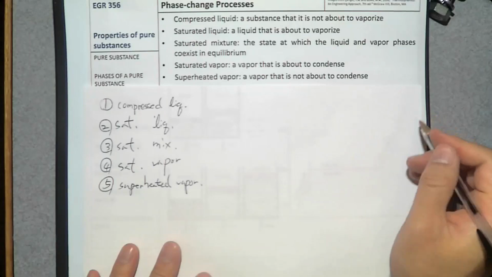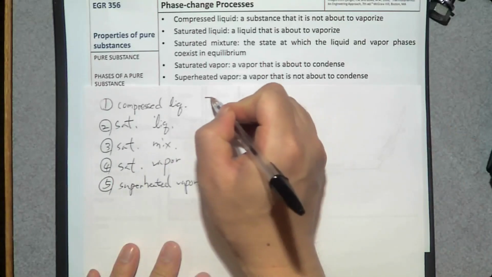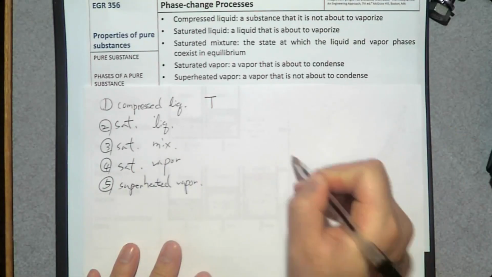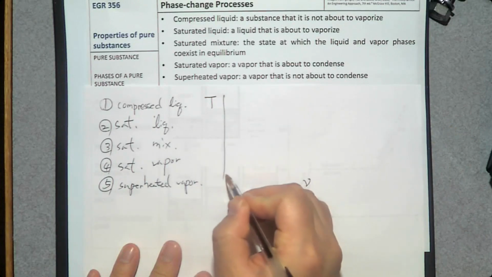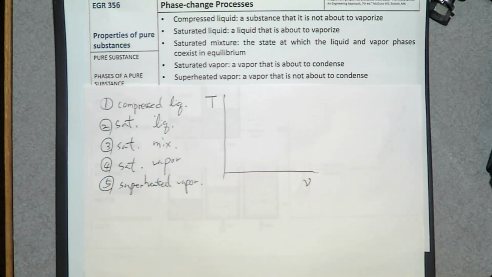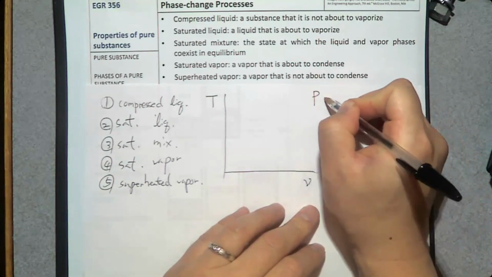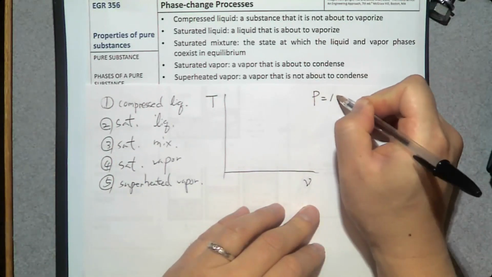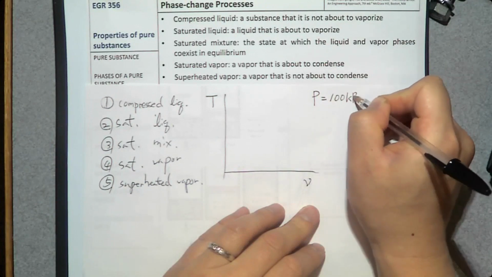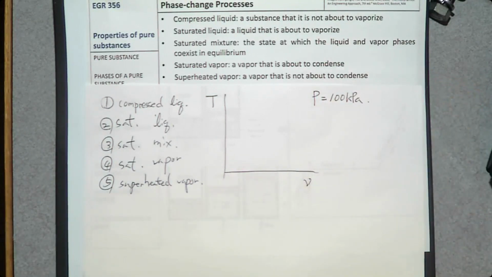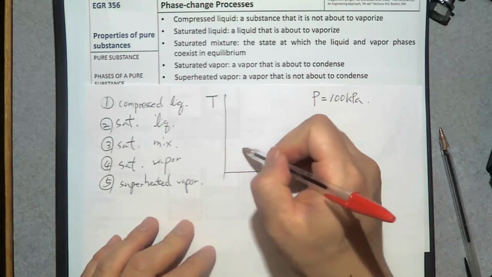The first one is the TV diagram. The TV diagram shows how temperature and specific volume are related at a given pressure. So if you know the pressure of your system, you can make a TV diagram, and this TV diagram looks like this.